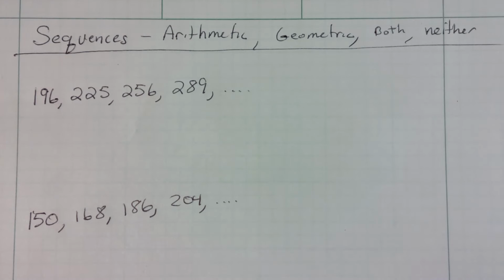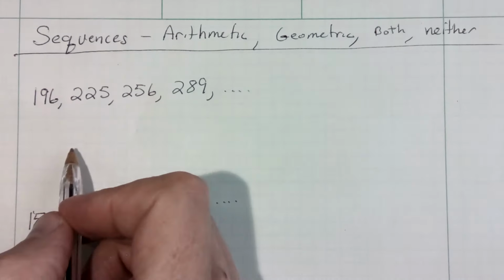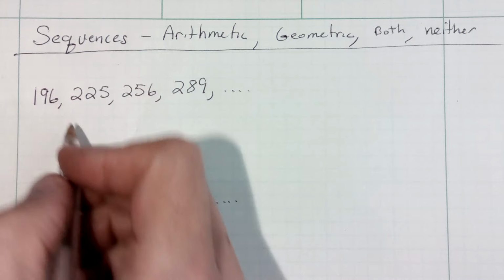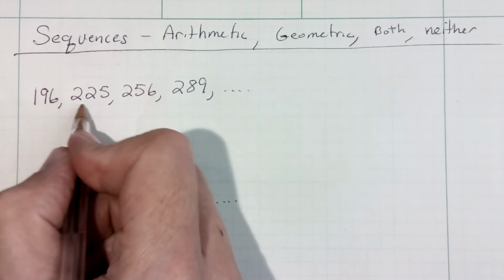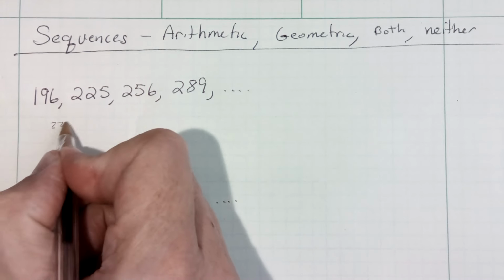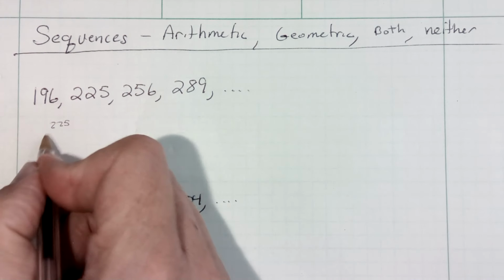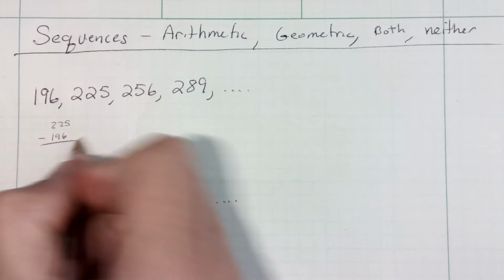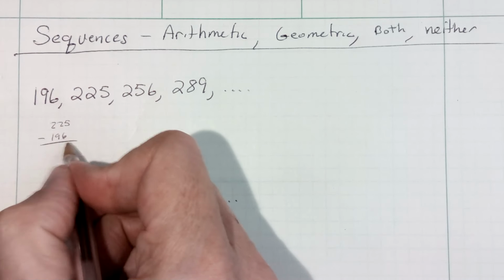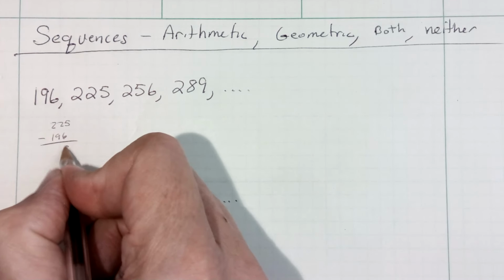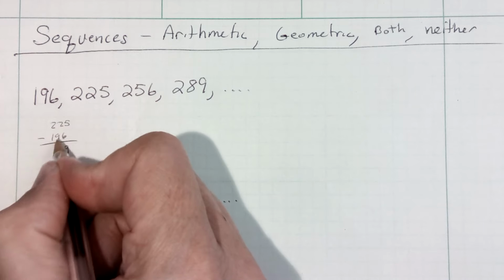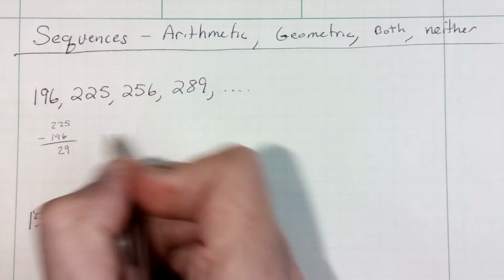So let me show you how to figure it out. The first thing I would always do is start with arithmetic. Take any term and subtract the one before it. So 225 minus 196. I had to borrow, so 15 minus 6 is 9, 11 minus 9 is 2, so that's 29.